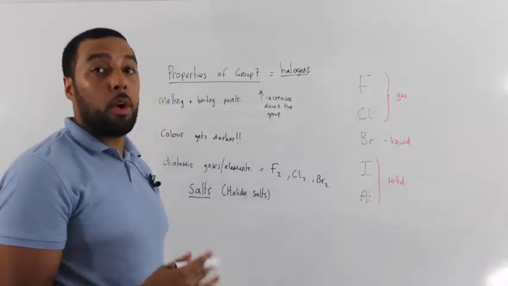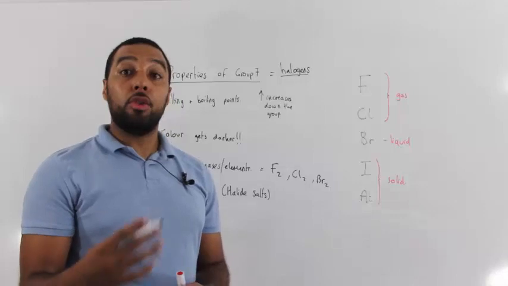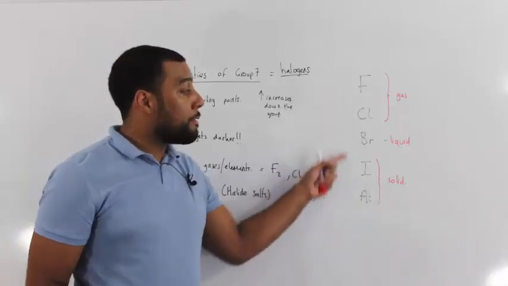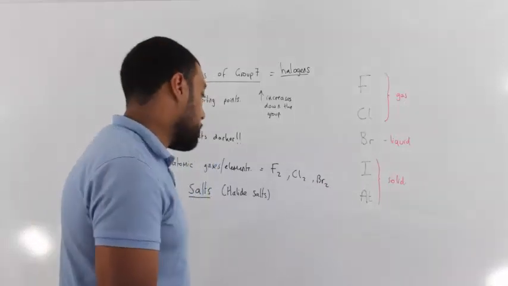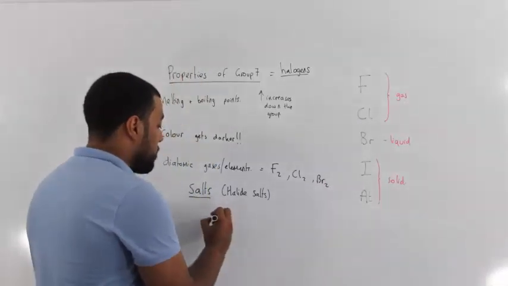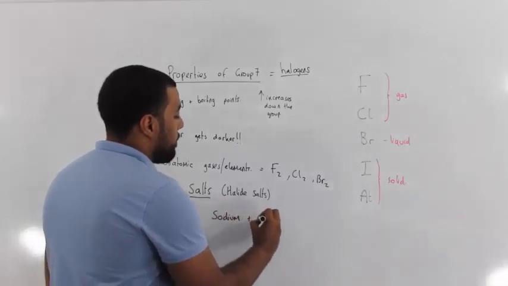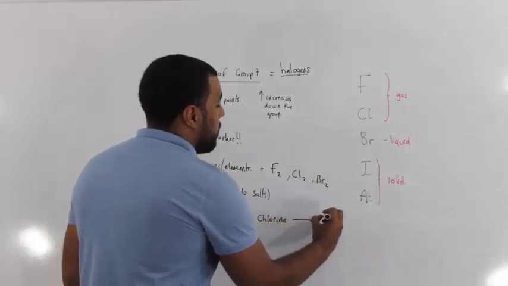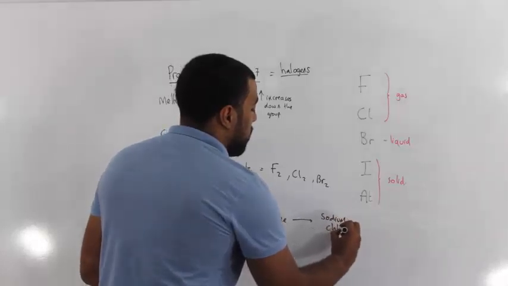They react pretty well with the group 1 elements, because the group 1 elements need to lose 1 electron in their outer shell, and the group 7 elements need to gain 1 electron in their outer shell. So for example, sodium would react very well with chlorine, and it would form sodium chloride.